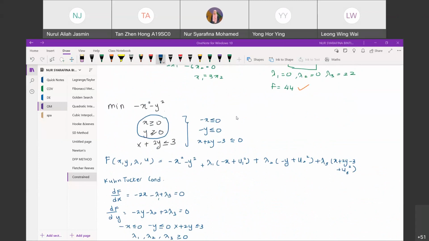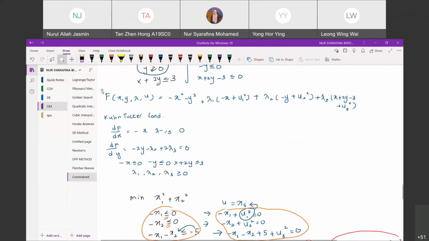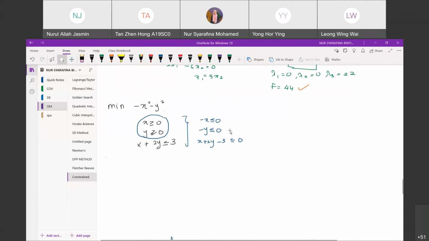Okay, try this one. Try this example. First, you know that you have to change the constraint to less than, to make it standardized. Then you add the slack, where our slack used here is in terms of ui squared.